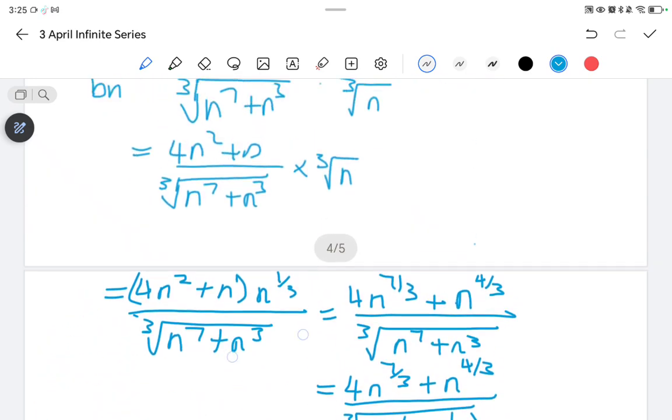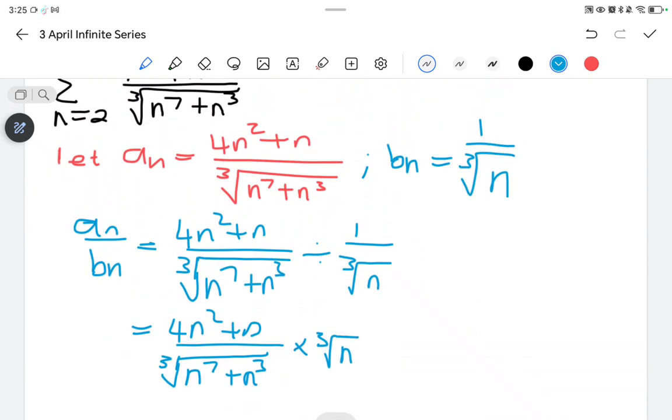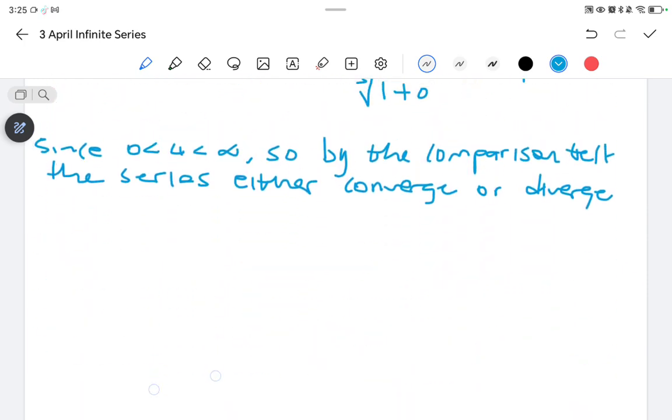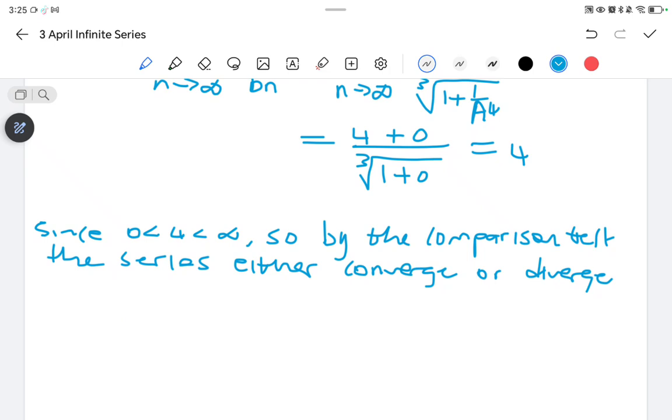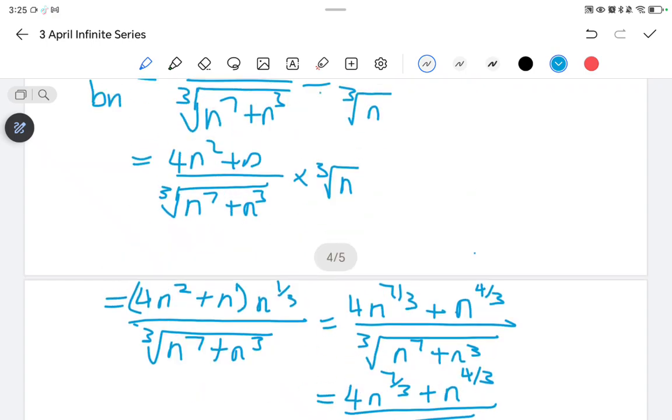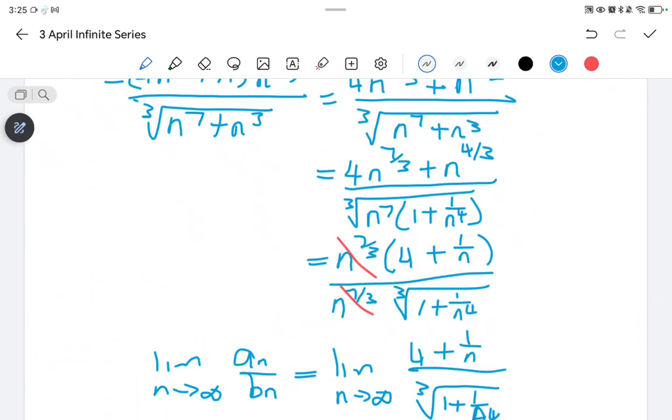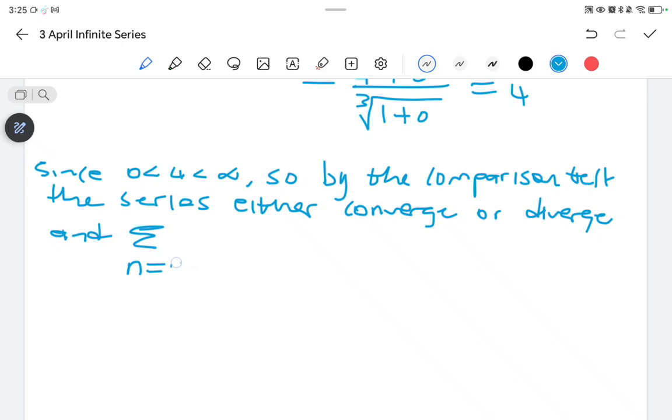B of n was 1 over cubic root of n to the 3rd. We see now, and the summation, where did it start from? 2, up until infinity of 1 over cubic root of n.